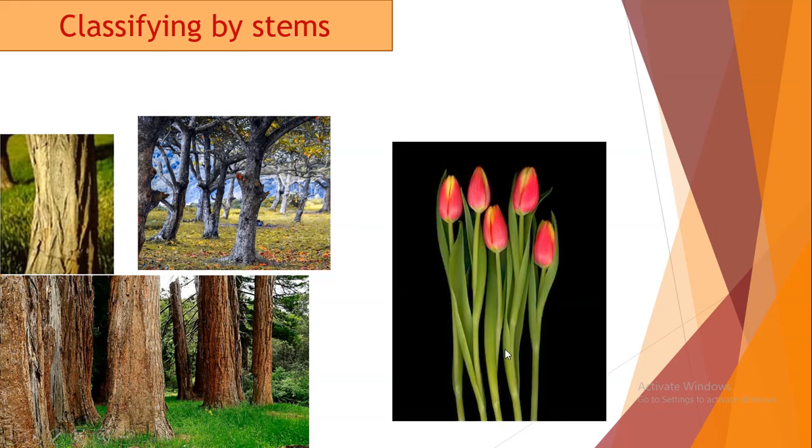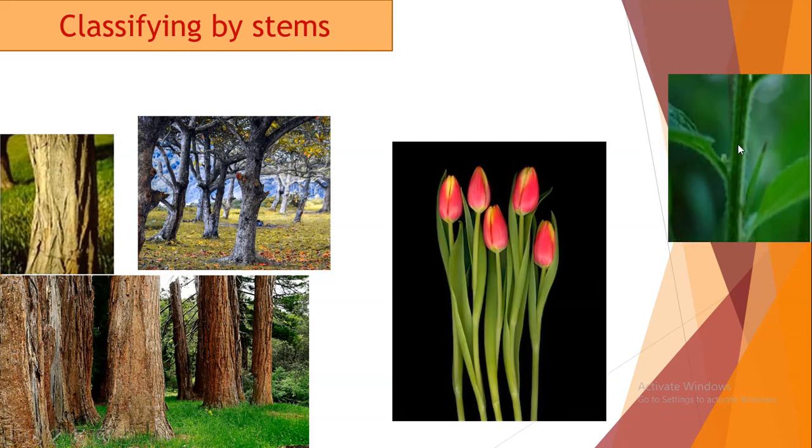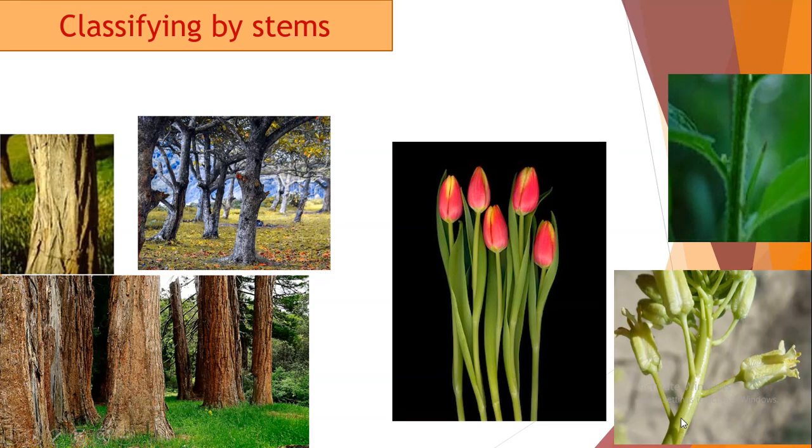Now, what about this picture? And this one here. And this one here. These are soft stems. Shrubs, some plants like tulips, they have soft stems.